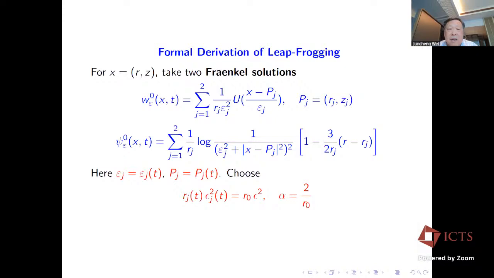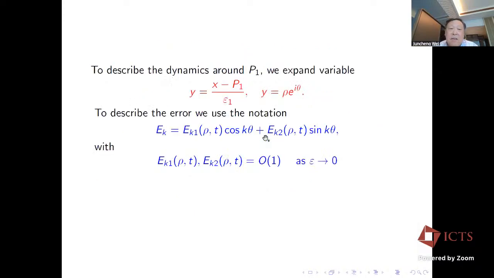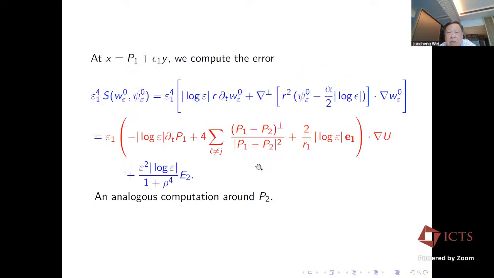So let's now take two rings, Fraenkel-type solutions, and the vorticity will look like this, okay, and we do the computation. To describe the local dynamics, we expand the variable and we compute.